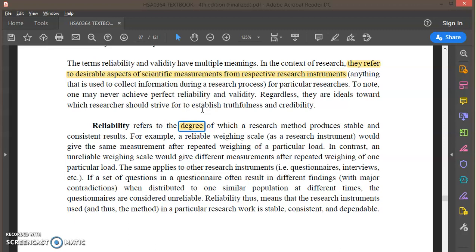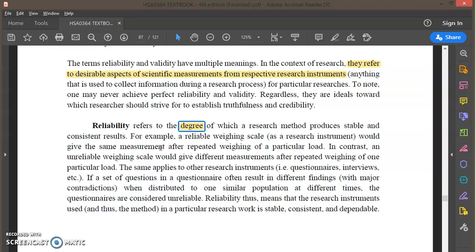For example, a reliable weighing scale, which is a research instrument, the scale that is used to measure weight. Right? A reliable one would give the same measurement after being repeated, weighing up the same particular load.